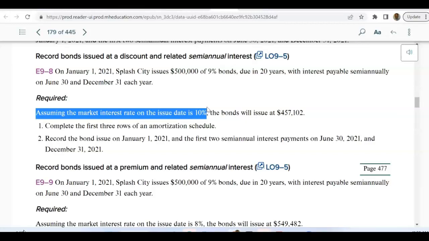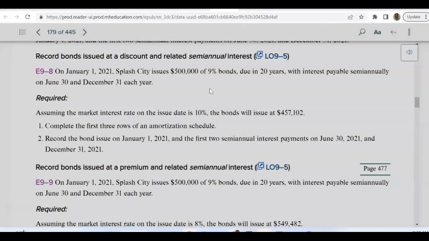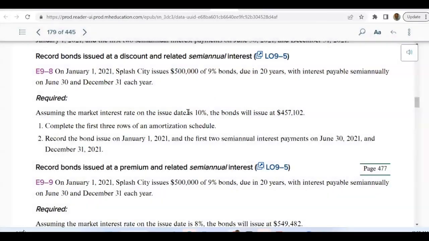And at that moment it is going to be 10%. So if you tell your investors, listen, you deserve 10%, but I'm going to pay you 9%, no one will invest in that bond. It makes sense, right? Who's crazy to accept 9% when they deserve 10%, just because the company says my certificate shows 9%?